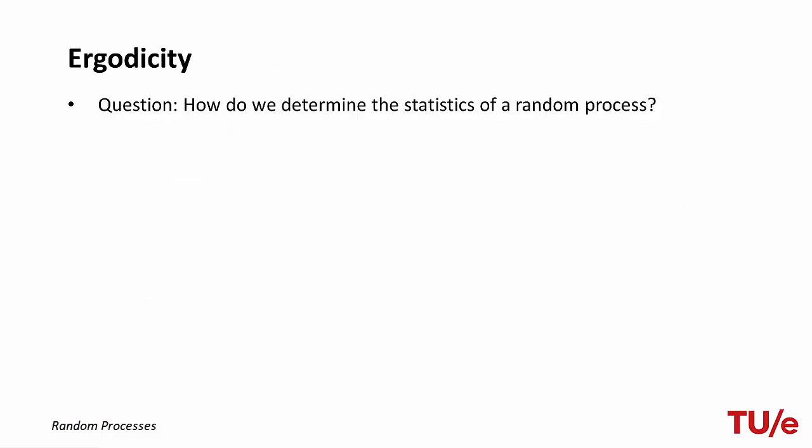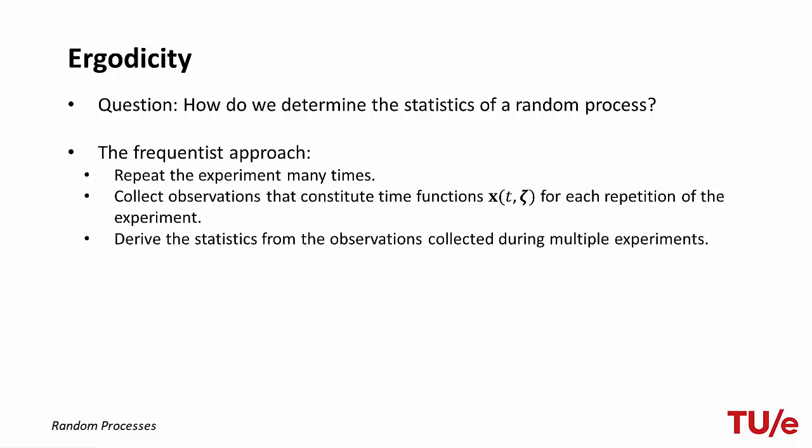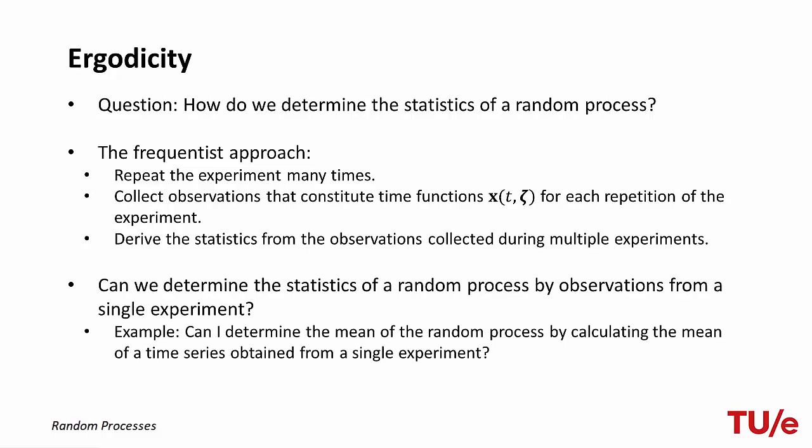To identify a random process, we need to determine its statistics. This may involve running many experiments to sample the distribution of the control parameters. Frequentist approach, as it is called, involves repeating the experiment many times and deriving the statistics from the observations collected during multiple experiments. However, we might not be able to conduct multiple experiments.